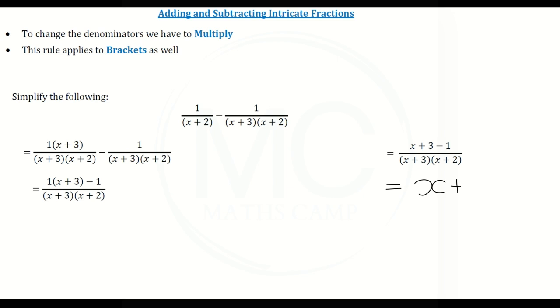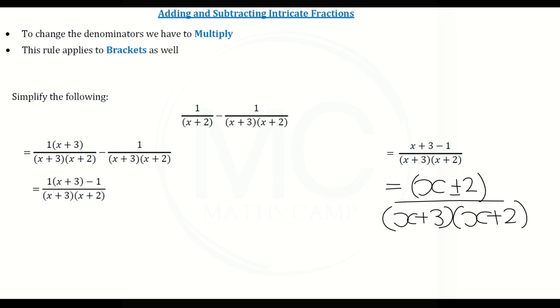So we have x plus 2 all over x plus 3 and a bracket of x plus 2. Now, yes, the numerator still includes an operation, but x plus 2 over here is the same as x plus 2 over here. And now we can cancel out these brackets. And we're left with an answer of 1 over the bracket of x plus 3.